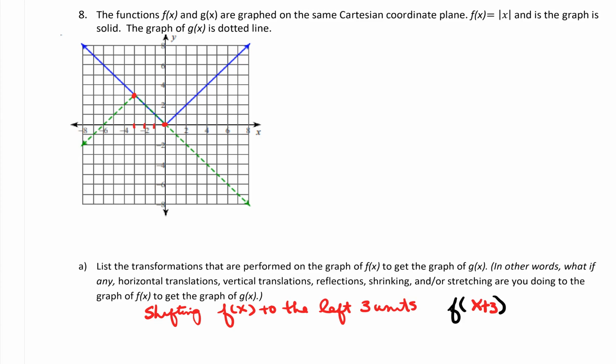Let's talk about reflection now. Notice that we have a V shape that is facing upwards, and now our V shape is facing downwards. And so that tells me that the value of my y is changing. This is a reflection across the x-axis.